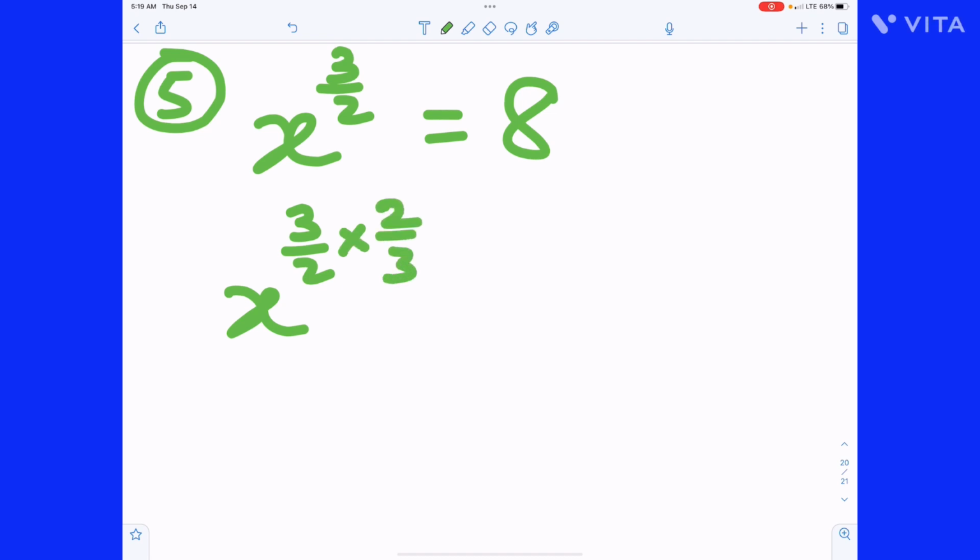That's 2 over 3. Reciprocal is a number that multiplies another number to give 1. So this one too, I'll raise it to power 2 over 3, because initially 8 is the same thing as 8 raised to power 1. So if you multiply 1 by 2 over 3, you get 8 raised to power 2 over 3.